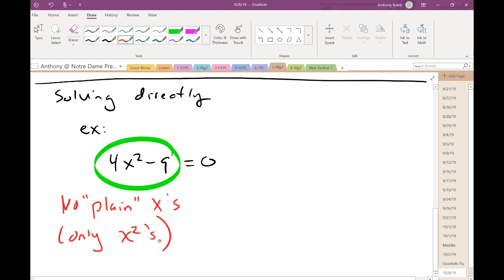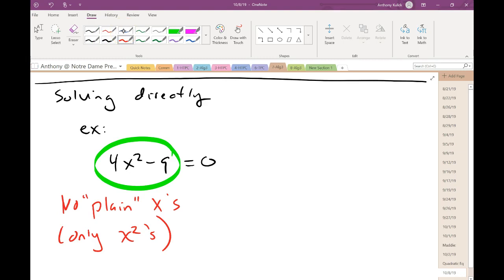So I have no plain x's, I have only x squareds. This is the situation where I want to be using a direct solving technique, when I have only one kind of x. I don't have x's and x squareds. Is everybody okay with that idea?